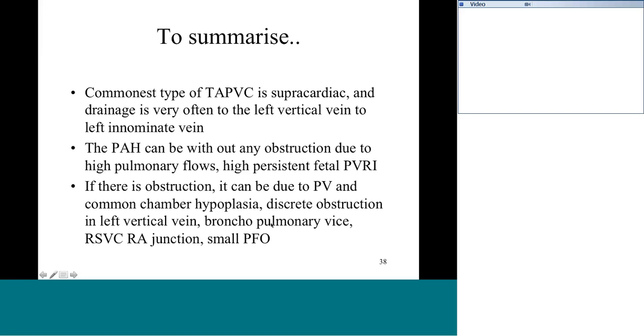I explained why this bronchopulmonary vice is called a hemodynamic vice, because it's a condition that aggravates its hemodynamics by itself. So the child cries, PA gets distended, more obstruction, more pulmonary venous hypertension, more breathlessness, the more the child cries, more obstruction. So it is like a vicious cycle.